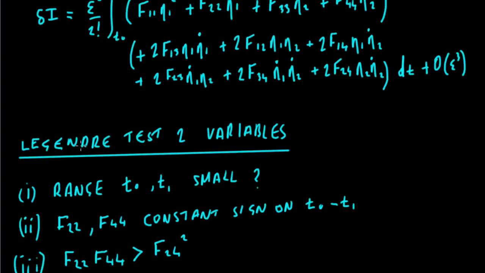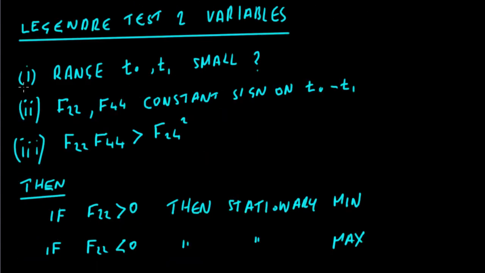So we'll just note down what the results are for the Legendre test, and this is directly analogous to what we did on the previous simpler examples in the calculus of variations in the first set of lectures. So for the Legendre test for two variables, one, the range t0 to t1 is going to be small. Again, I put a question mark next to that because we haven't covered what we mean by small, and we will cover that in the next video when we look at the conjugate points.